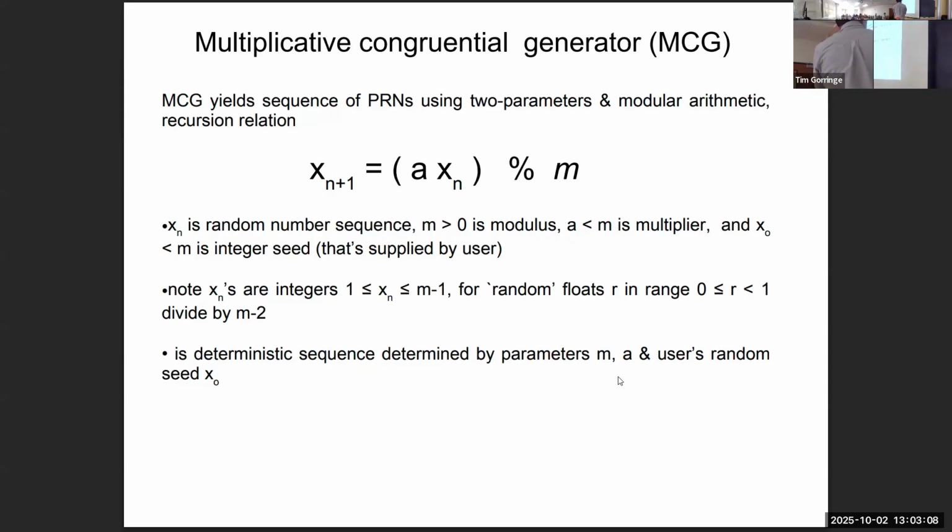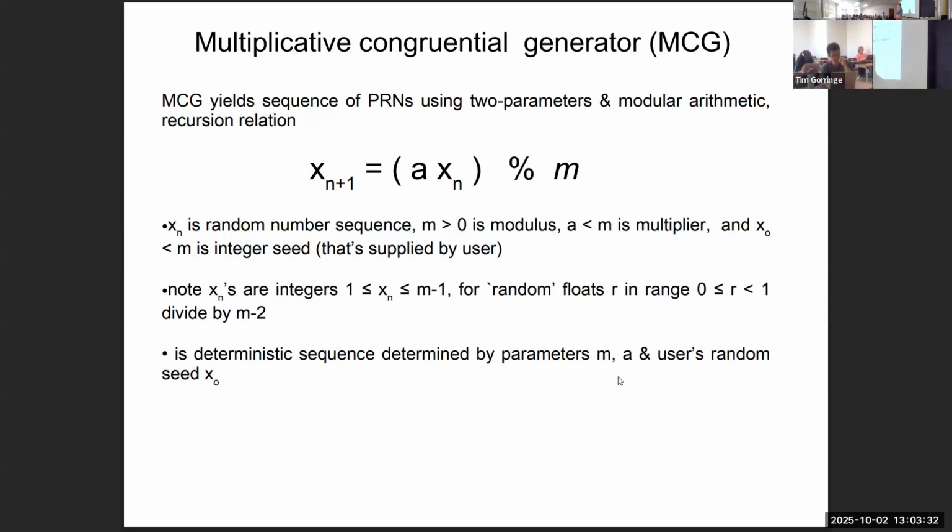Let's make a few points about it. It has two parameters, right? One of the parameters is the modulo that you're going to work in. And the other parameter is this multiplier, which is going to be less than the modulo that you work in.